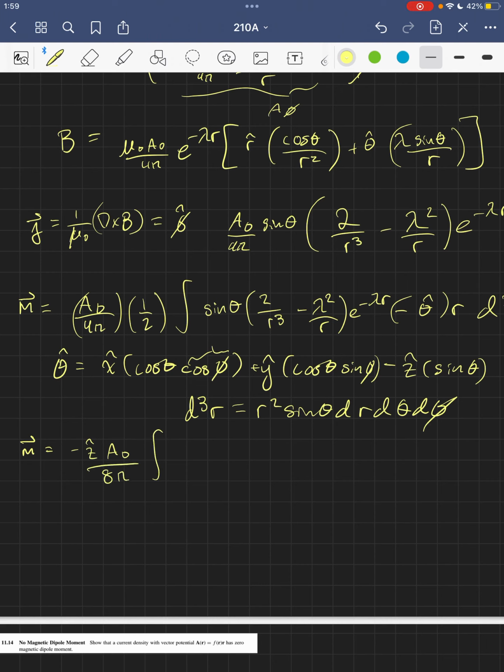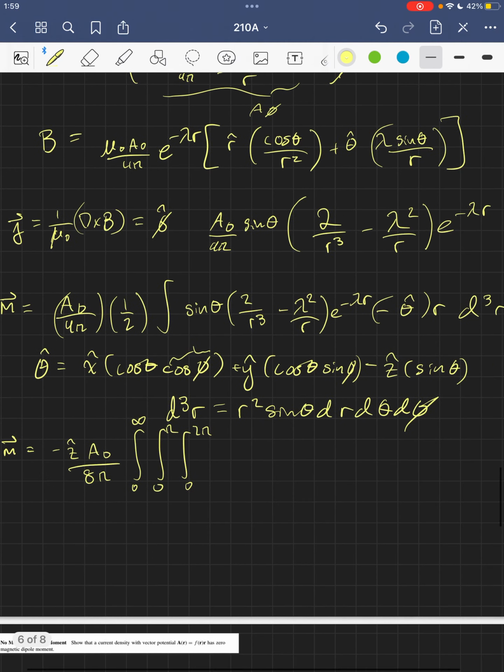And this is integrated, well, we'll go on and write all of them, 0 to infinity for r. This would be sine squared theta, right?